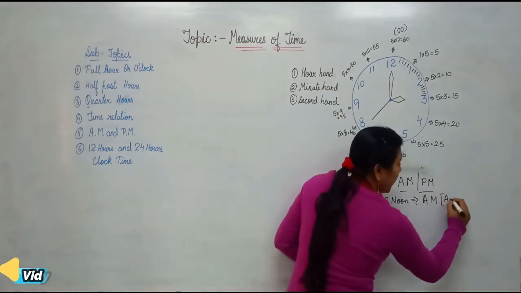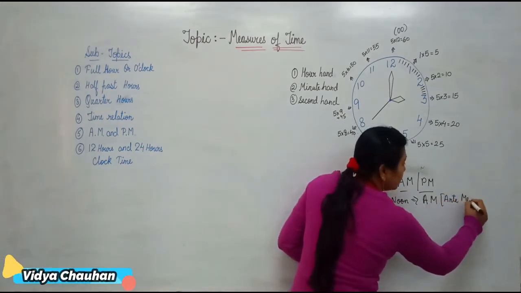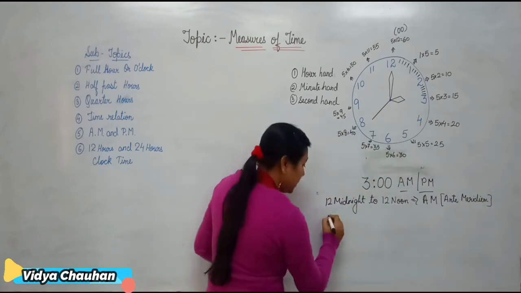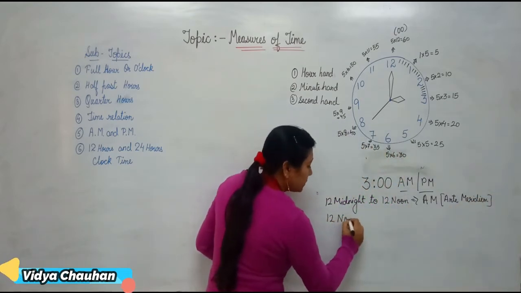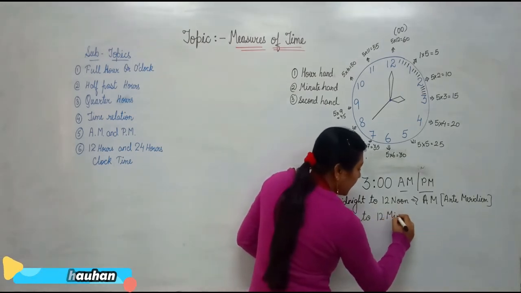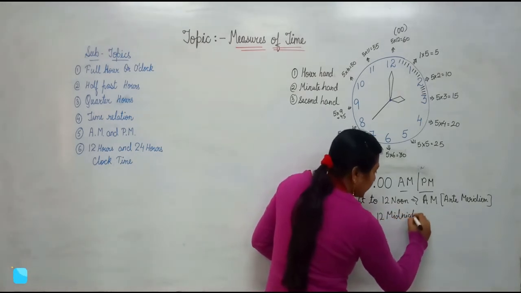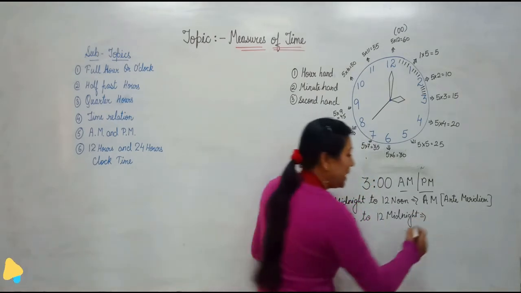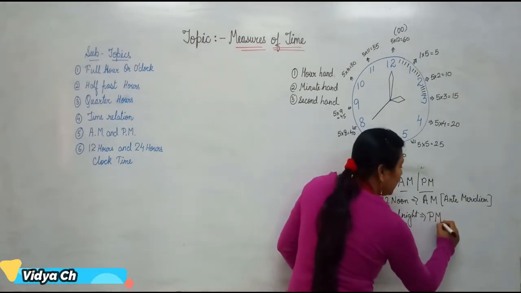It is called as AM. Full form, ante-meridiem. Second, from 12 noon to 12 midnight. For the time between 12 noon to 12 midnight, we use PM.